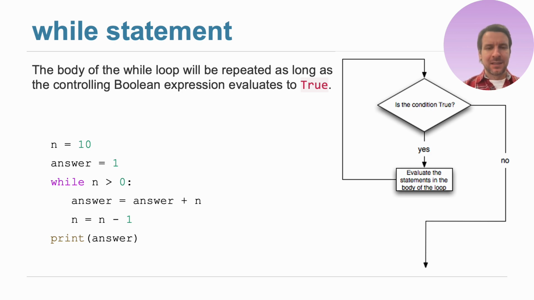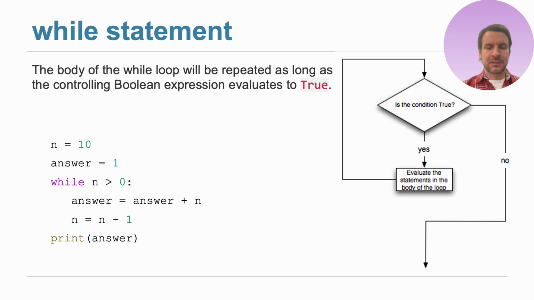A while statement is a statement that doesn't necessarily have a fixed number of iterations to begin with. It's controlled by a Boolean expression. So you have to write while, a Boolean expression, and then a block of indented code.